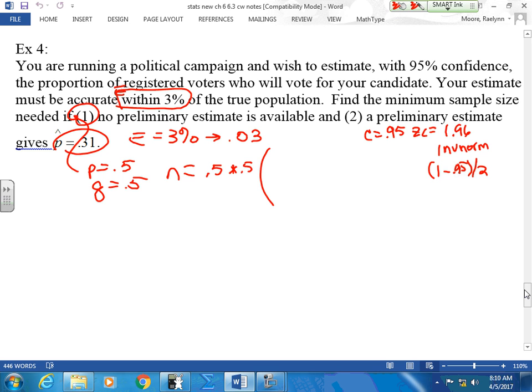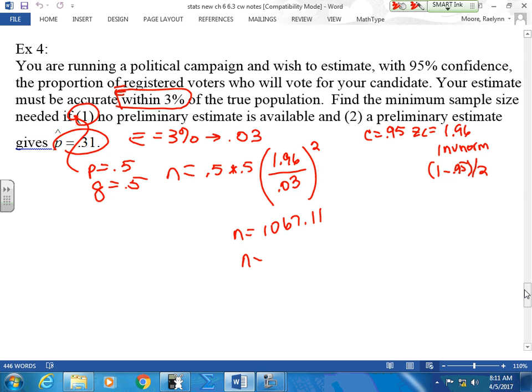You take the positive. If you took the negative and put the negative in here, no harm done. You're squaring it anyway. But try to just keep it positive. It looks better. People would say, why do you have a negative number here? 1.96 divided by 0.03. That's your margin of error. So if you put this in your calculator, you're going to get this.